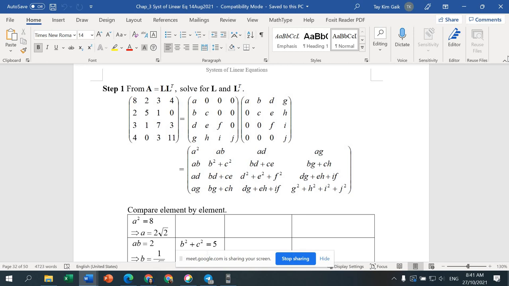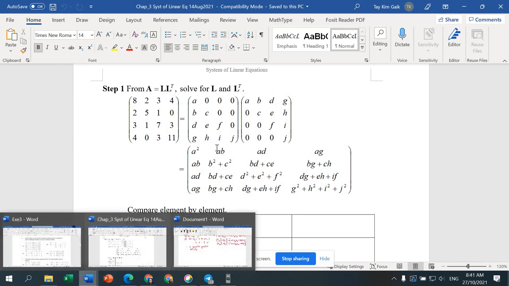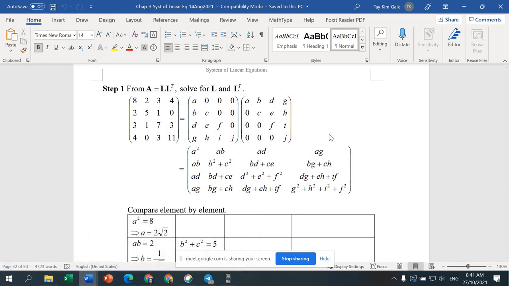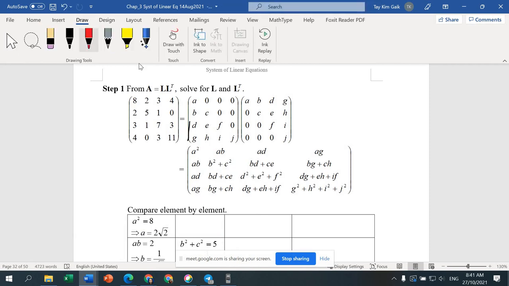No, that is Thomas. Oh, but this one, I sent you in the Telegram. If you put this 3 and 3 as 0 in the L, then it is Thomas.